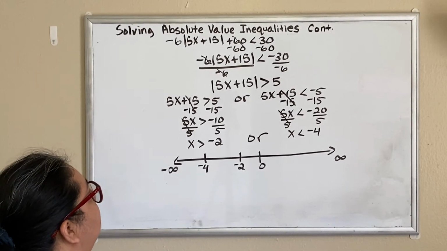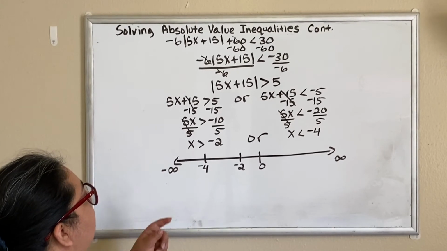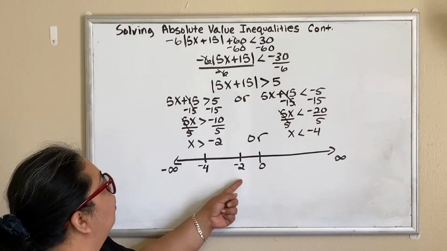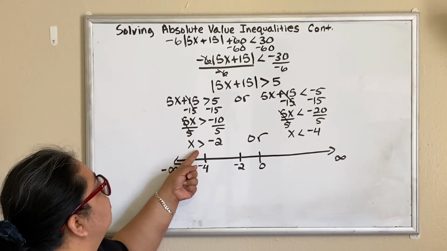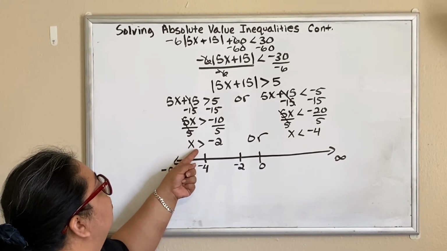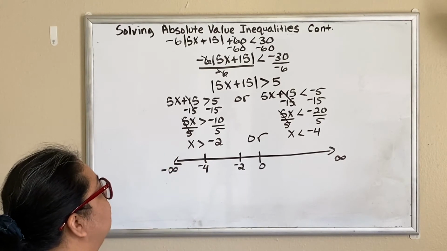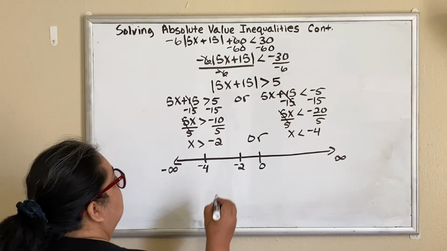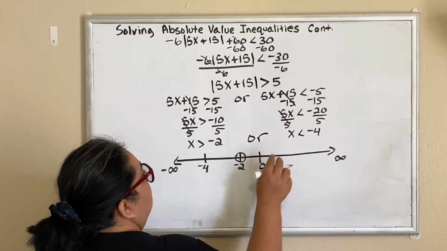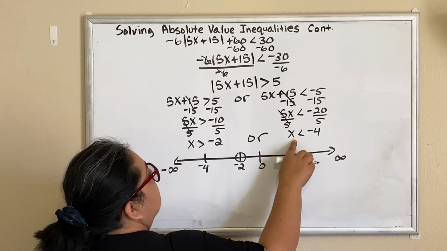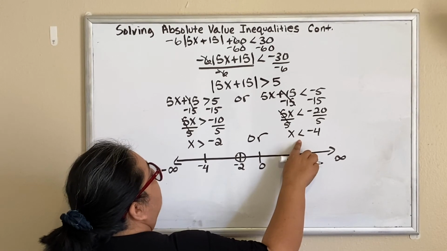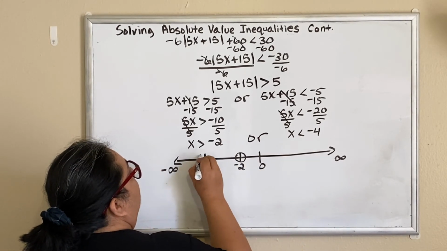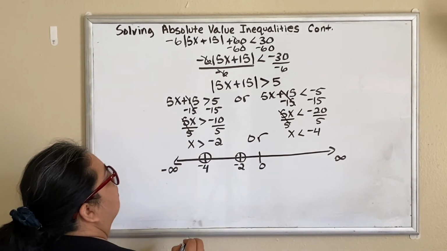So now we need to determine, do I have open points or closed points? I do not have the or equal to part. I just have x is greater than negative 2. So this is an open point. On the other one, I have x is less than negative 4. I do not have the or equal to part. So negative 4 is also open.